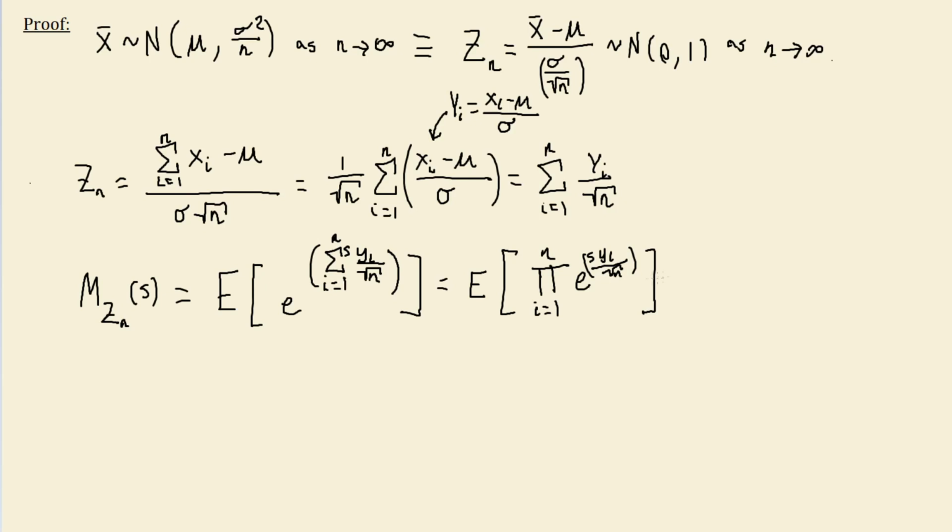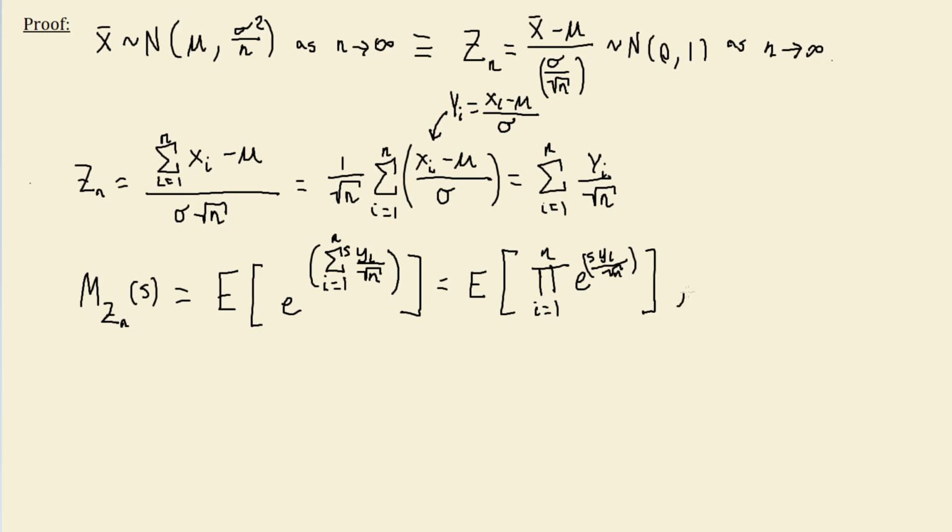Now, since each of these random variables, x sub 1, x sub 2, all of them, are independent and identically distributed, then y sub i is also going to be independent, and all of these y's will be independent and identically distributed random variables. And since these y sub i's are independent, we can apply this expectation operator across this product.